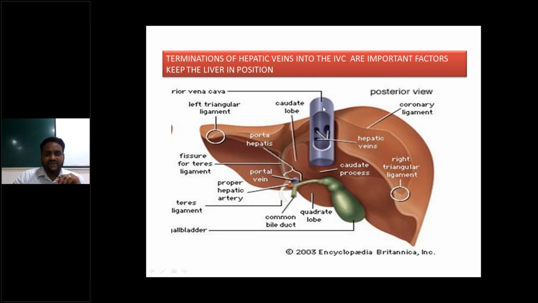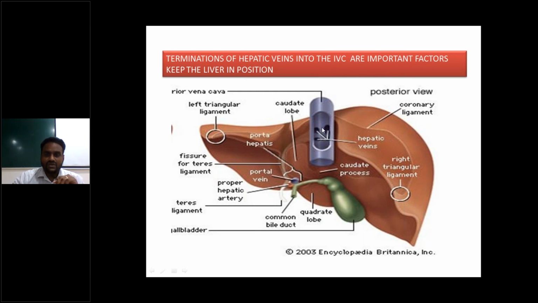This inferior vena cava grooves the posterior surface of the liver. If you see the interior of this IVC, we can find the openings of the hepatic veins. These hepatic veins in the IVC are important factors that keep the liver in position.